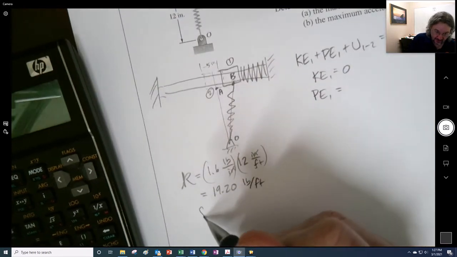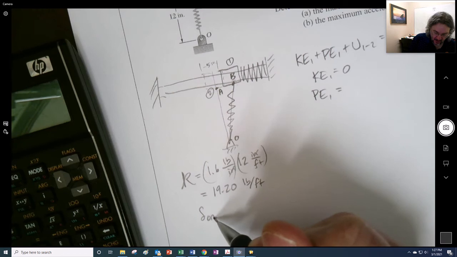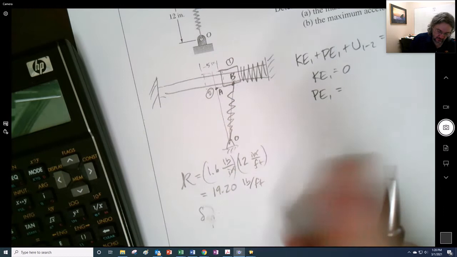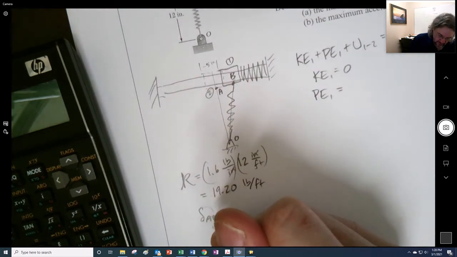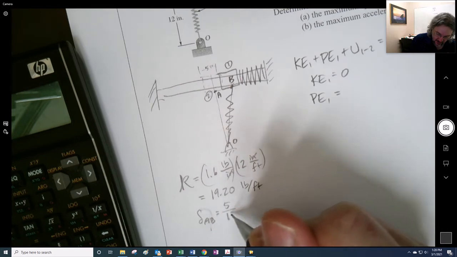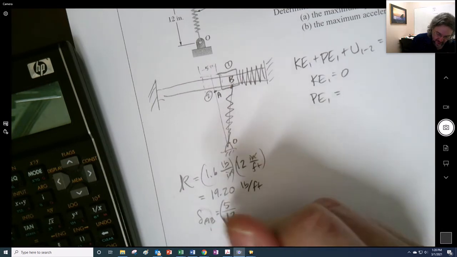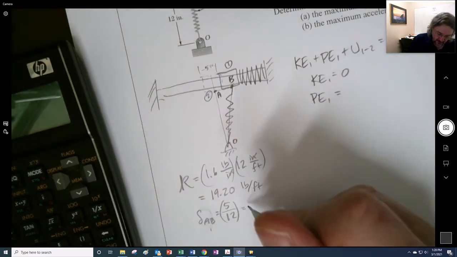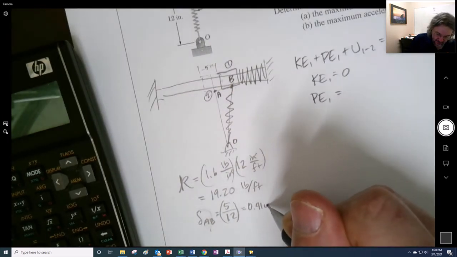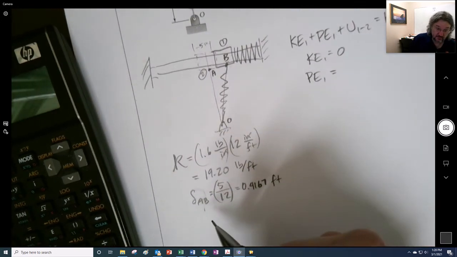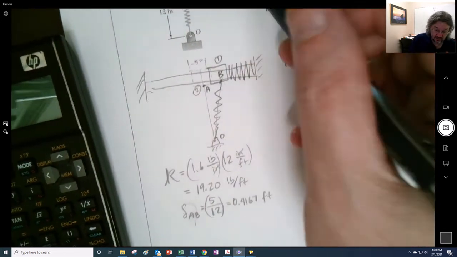So my del between A and B, let me start with A and B, is going to be 5, right? But I need it in feet. So 5 twelfths should be 0.4167 feet, right? That they told us it was going to move that amount.